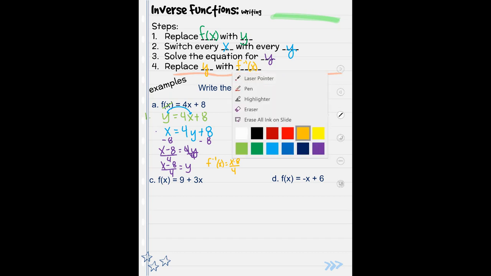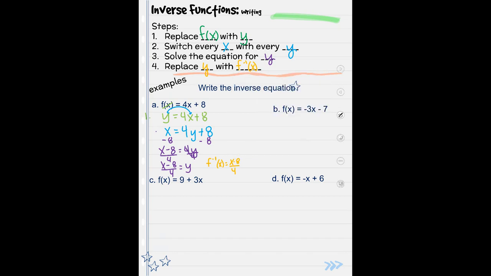And now we have written our inverse function. Okay, so that's it. Getting rid of our f of x for a y, swapping our x and y's, kind of like we did the first day, solving for y, and then just changing our y to f negative 1 of x.